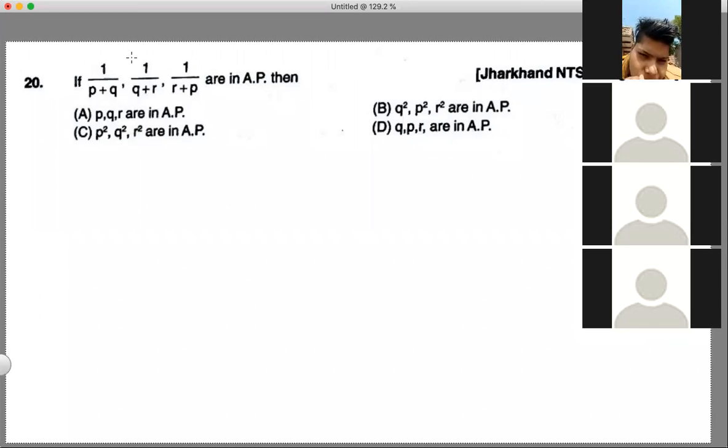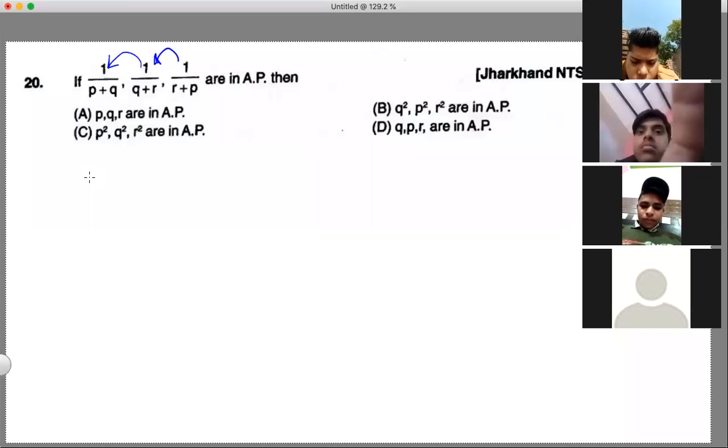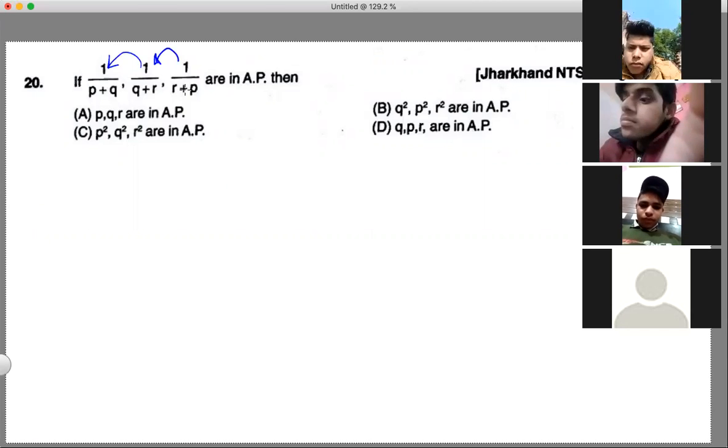See, what we can do is that the difference of this minus this is going to be the same as this minus this. Okay, we are coming to the end of the class. The class will get disconnected. But this is what you have to do. You subtract this from this and put it equal to this minus this.